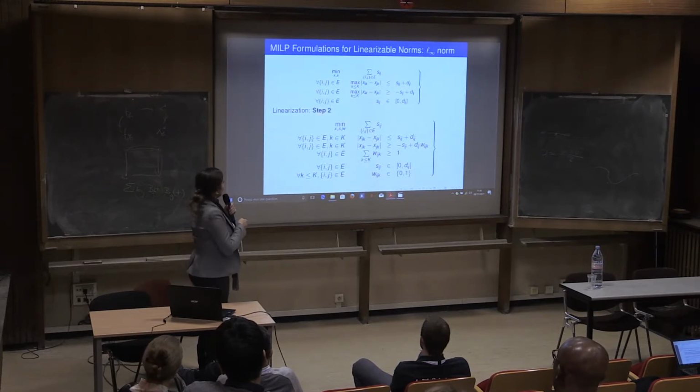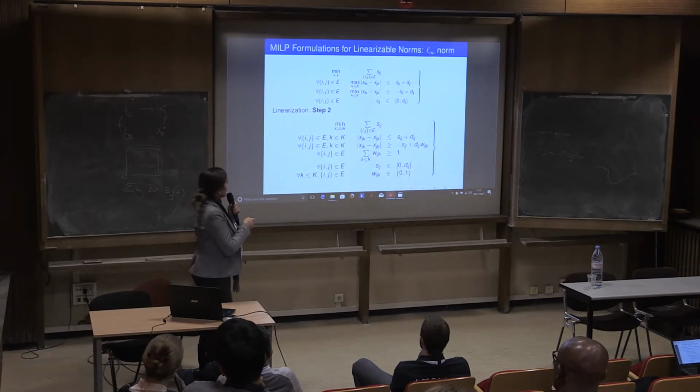So basically, in the second step, what we do is to take this and linearize, so get rid of the max by just adding a constraint, having a constraint of this type for each k.